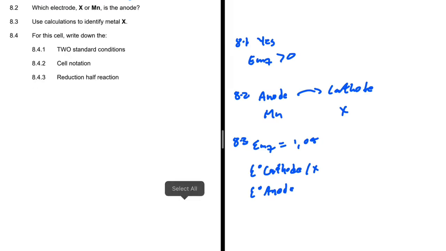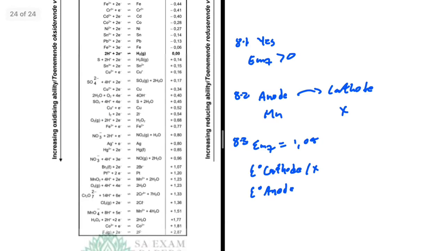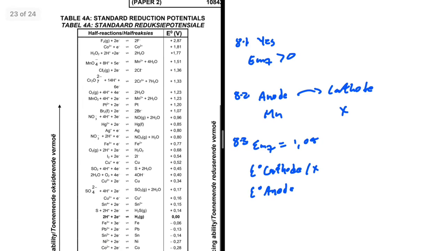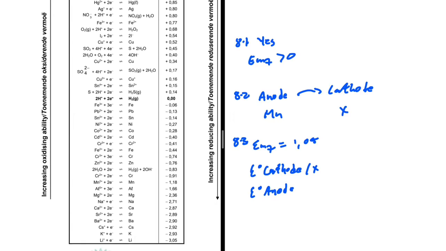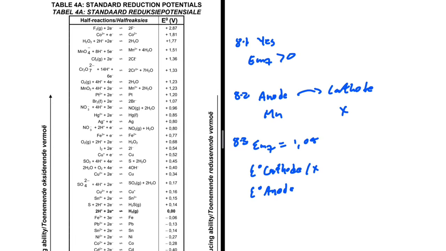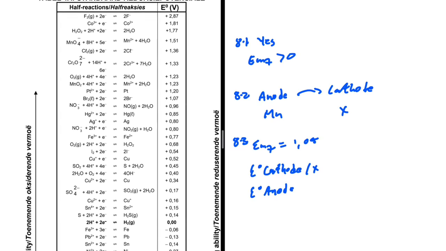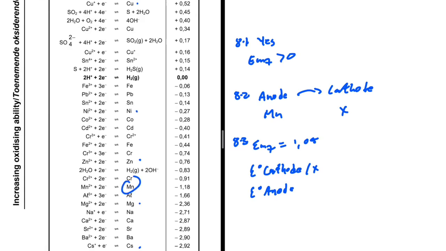So now let's look for our table of standard reduction potentials. We can use table 4a or table 4b, there's no real difference. Let's look for Mn and see where it is. We have Mn right there.